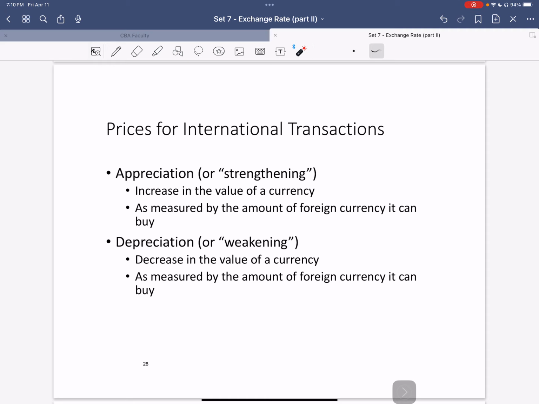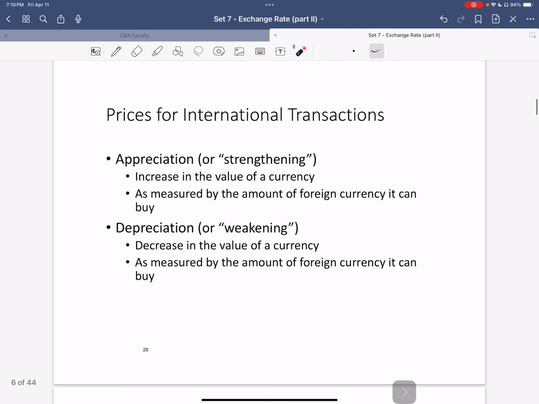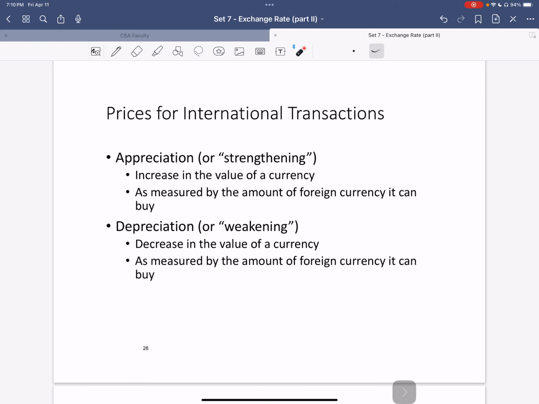What if those ratios, this rate increases or decreases? Earlier, we talked about strengthening and weakening of a currency. We talked about what a strong dollar means, what weak dollar means. That is just some language that we use in daily life, in an informal way.